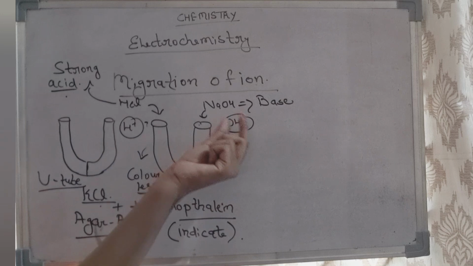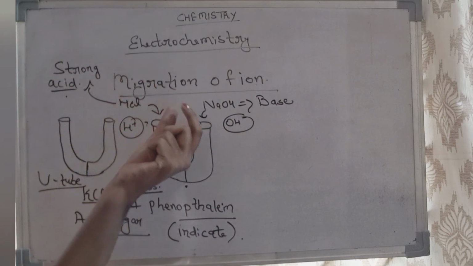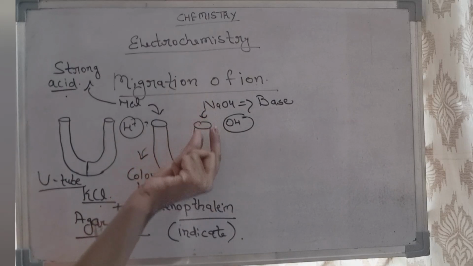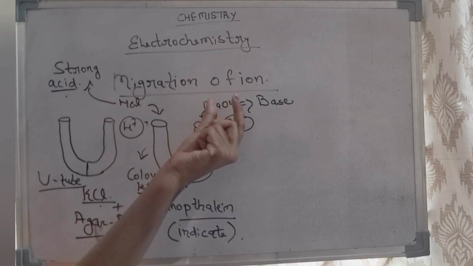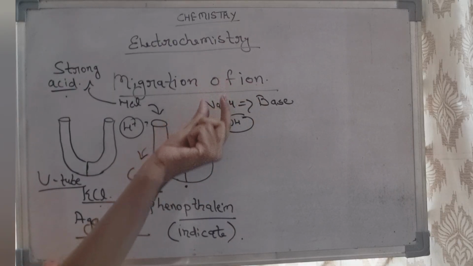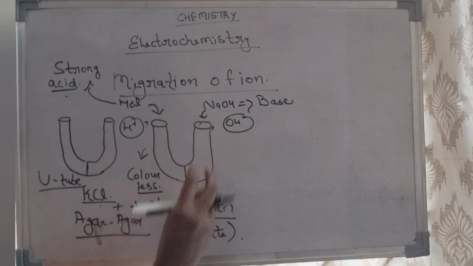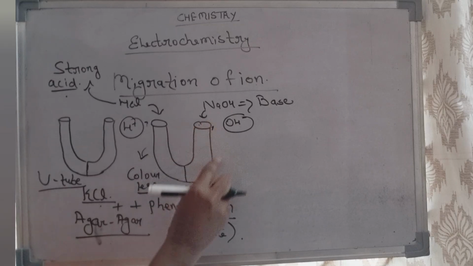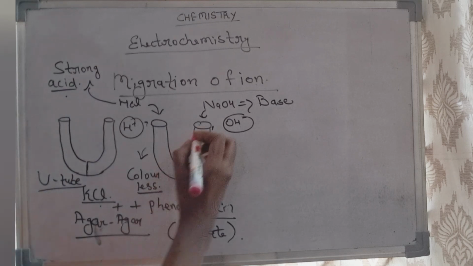When you pour the NaOH towards this side, you get Na positive and OH negative separated by dissociation, and then the OH negative will move towards this container, and after some time from this to this, it will give you the pink color.